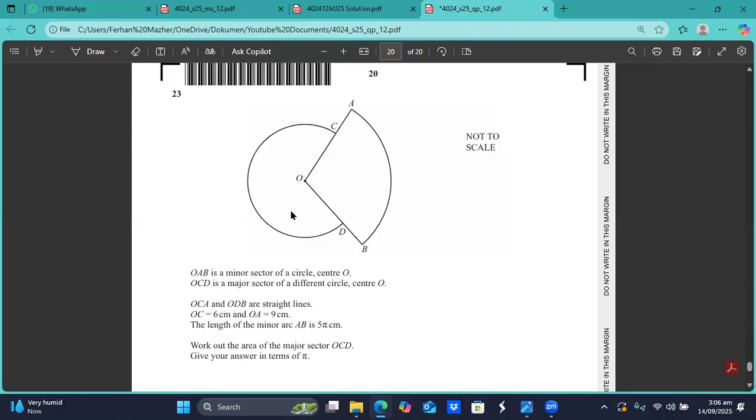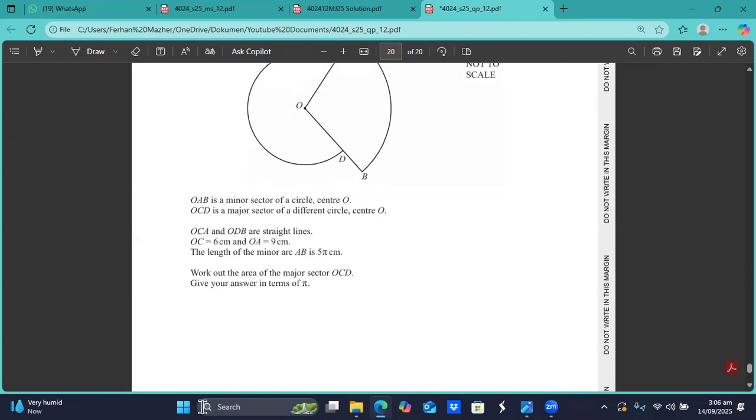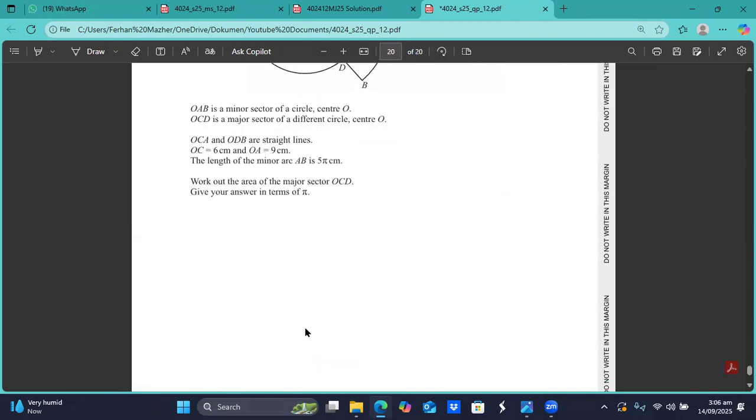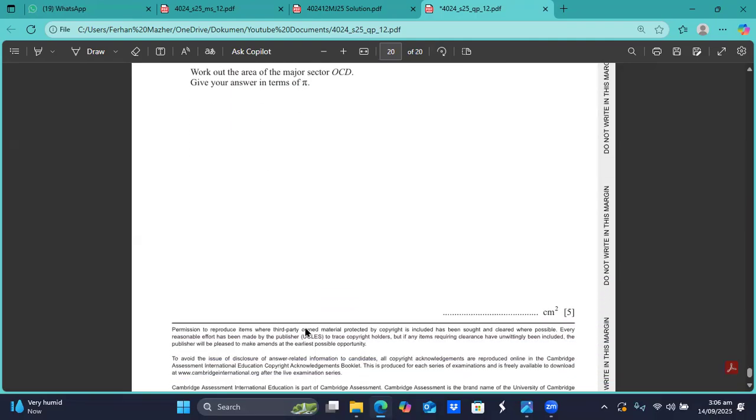OC is 6, so the radius of this sector is 6, and OA is 9. The radius of this sector is 9. The length of the minor arc AB is 5π, so this length is 5π. Work out the area of the major sector. Give your answer in terms of π. It's a 5 marks question.